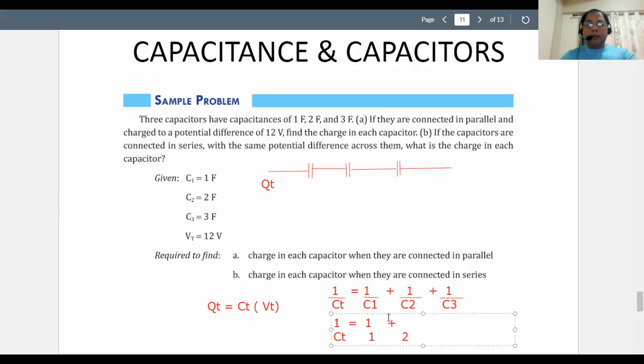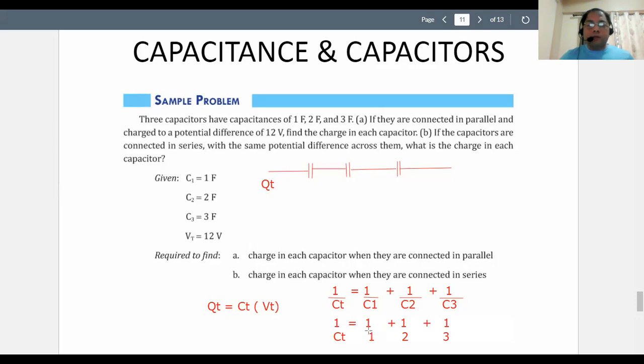Are you with me, guys? Because we take the reciprocal. And then next is 1/3, because the third is 3 farad. So we have 1 over 1 plus 1/2 plus 1/3.